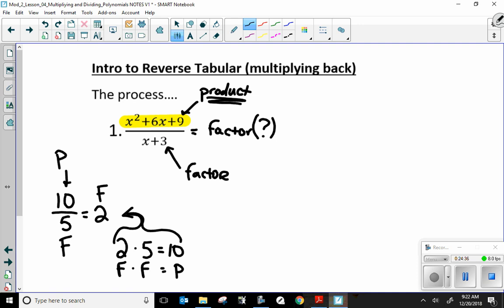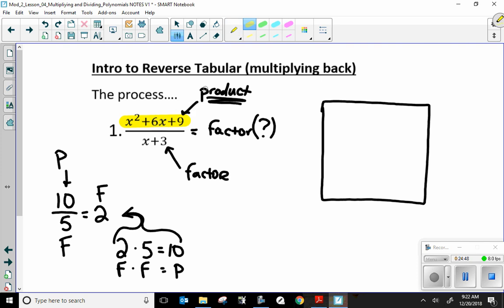So when I draw a box, I don't know how wide, how tall this thing's going to be, whatever. I know for a fact, all right, that my product is going to wrap around the outside somewhere. The only thing I know as far as how wide, how many columns, or how tall, how many rows, whatever, I know one of my factors.